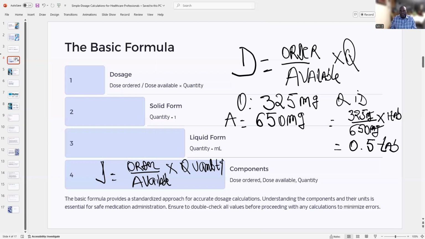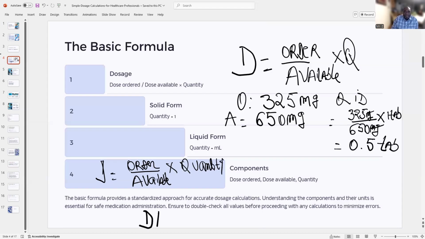But as we are learning now, I want to expand your knowledge so you can know where this dosage calculation formula came from. I want you to remember the master formula: dosage multiplied by available equals order multiplied by quantity.